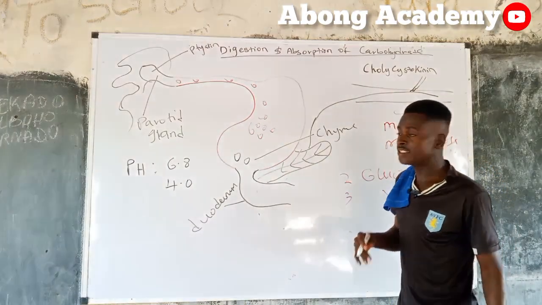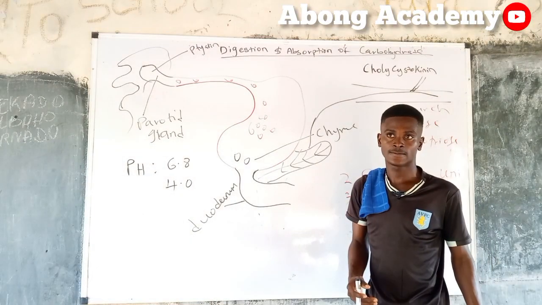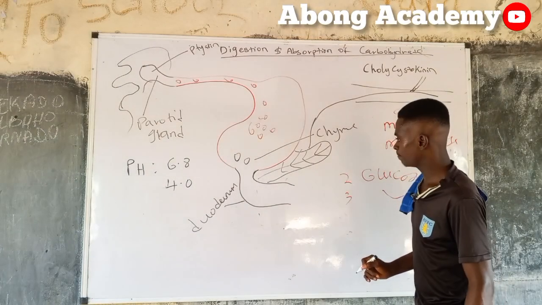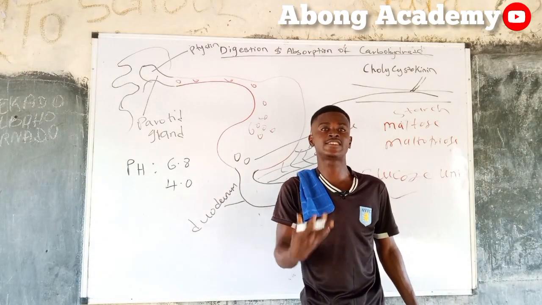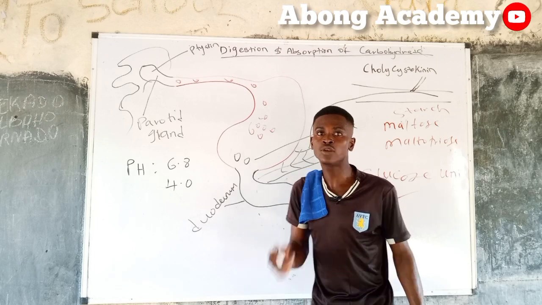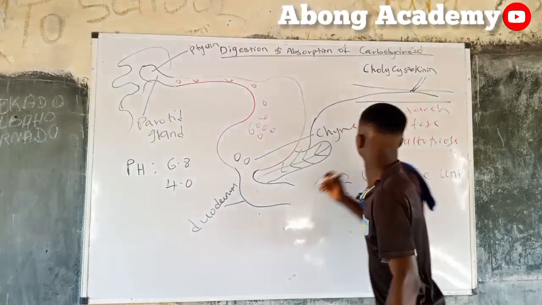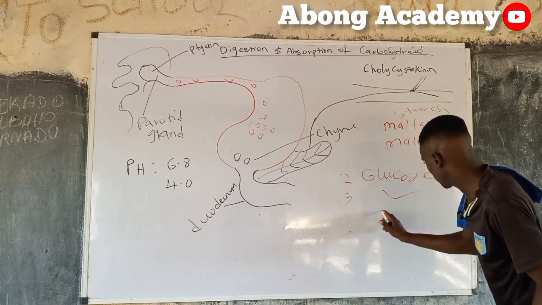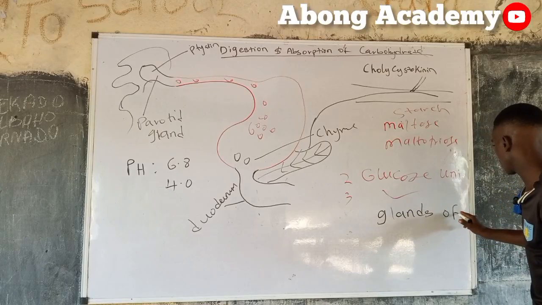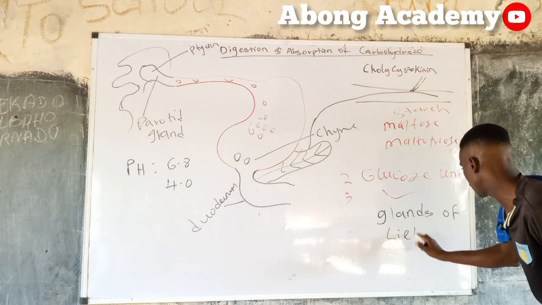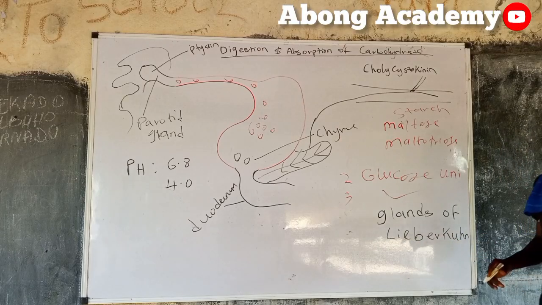In the small intestine, the absorption of carbohydrate takes place. Before then, what is referred to as enterocrinin is released. This enterocrinin is released by the glands of Lieberkühn. We call it the glands of Lieberkühn.